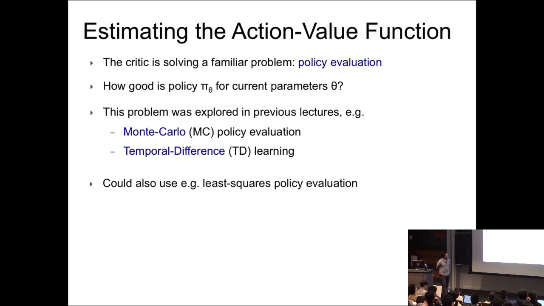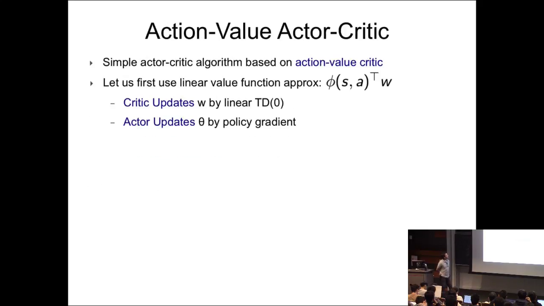And then how good is the policy for the current parameters? Well, this problem was explored either using Monte Carlo, which gives you, again, the REINFORCE algorithm, or temporal difference learning, right? Or we can also use least squares policy evaluation, right? If we're working with linear systems. So let's look at the linear function approximation for now.